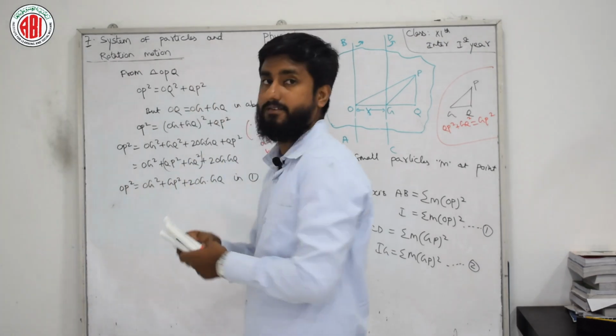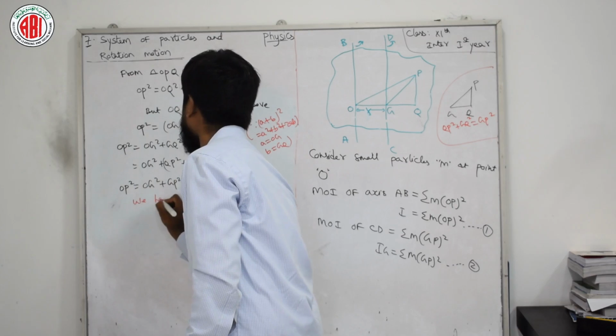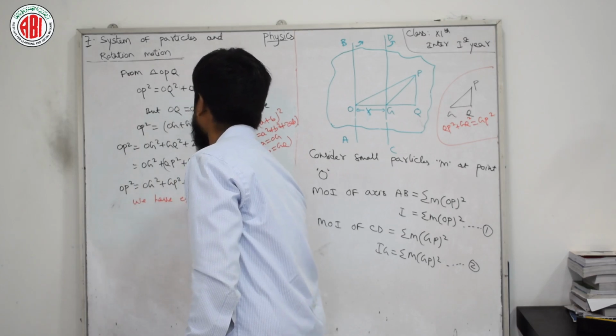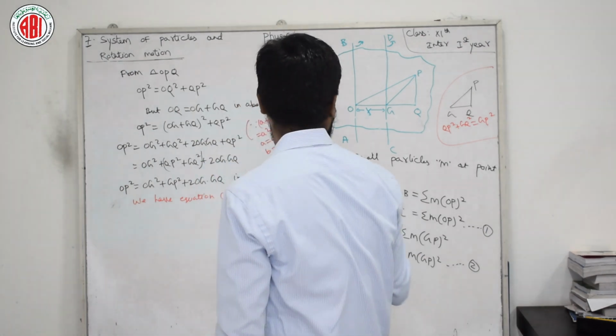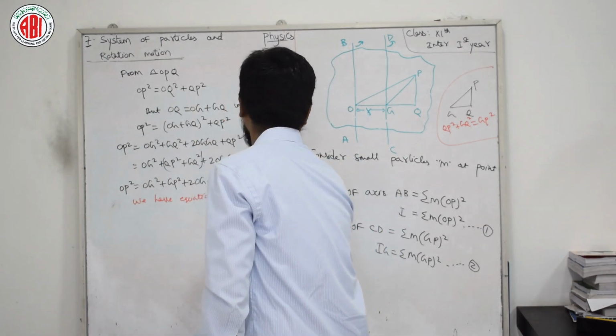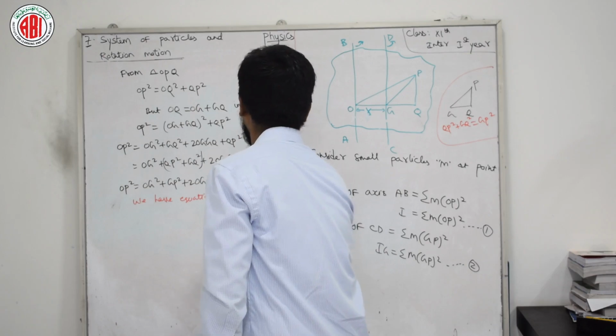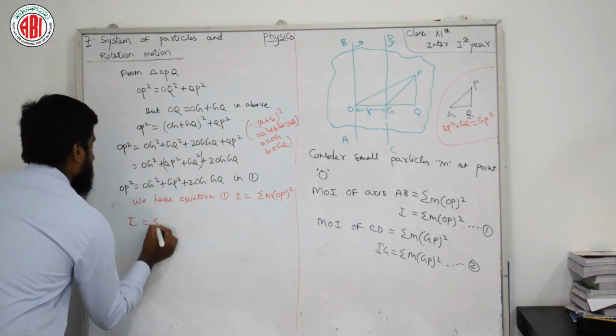So I am writing in a different color marker. We have equation 1: I is equal to sigma m OP square. So here I is as it is, whereas sigma m is also as it is.